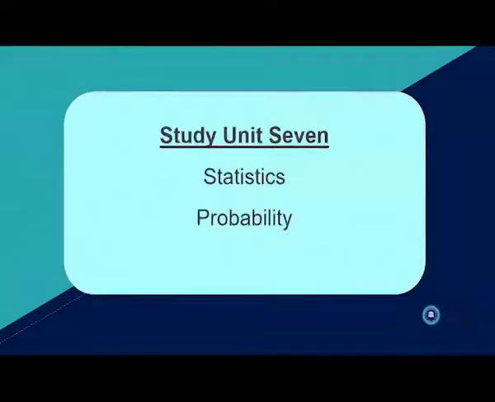Study Unit 7, we start with statistics and probability. Just before I go on, you have to again go through part 1, because I do not repeat every time in the different parts all the instructions for assignments and for the exams, which is really very important.